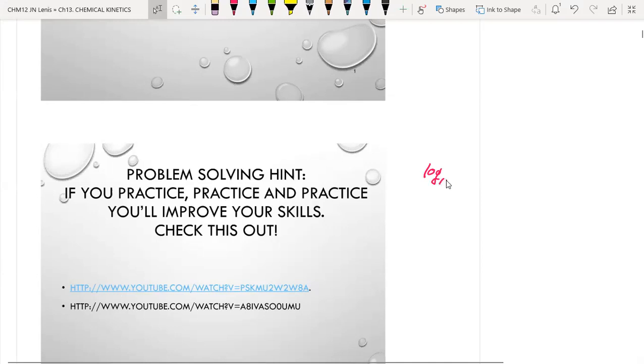Review logs base 10 and also natural logs. This is base e. This is 10 to the x, and this is e to the x. Number e for natural logs.